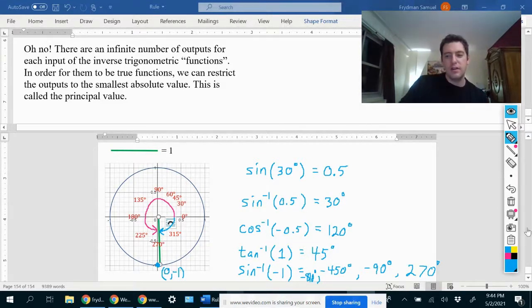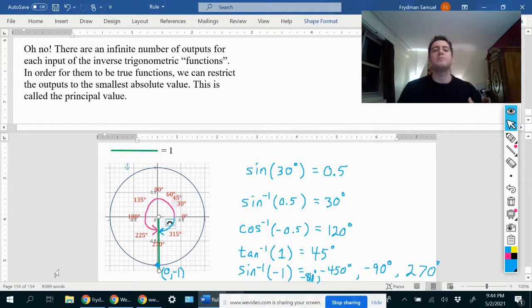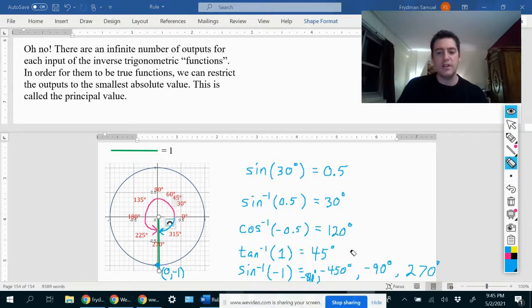As we keep rotating this thing clockwise like this, the numbers would be getting smaller and smaller and smaller, but the absolute values would be getting larger and larger and larger. So again, we're not going to find an answer that has a smaller absolute value than negative 90. So negative 90 is the principal value here.